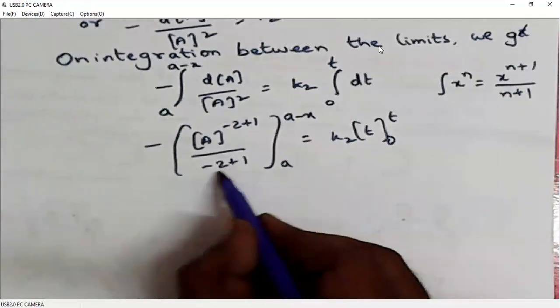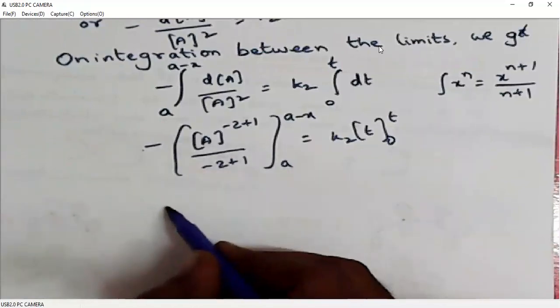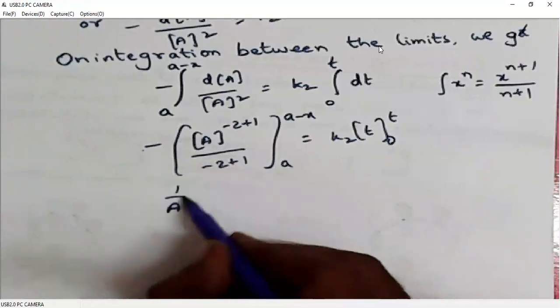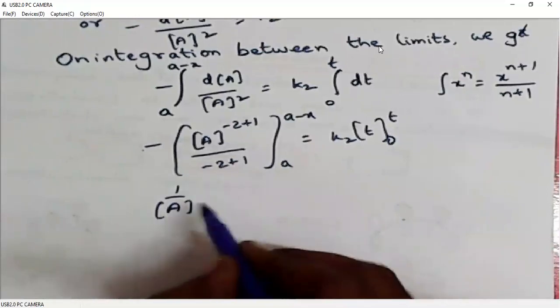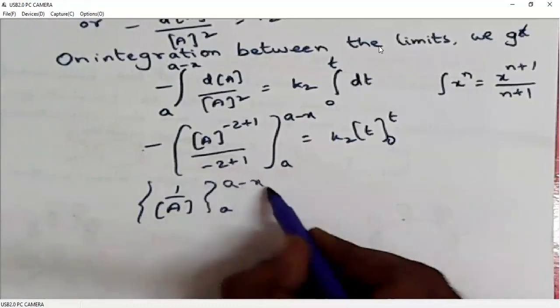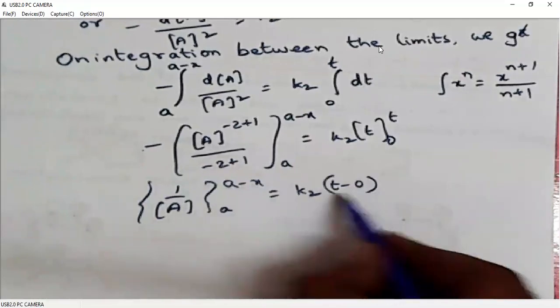Minus 2 plus 1 becomes minus 1, so minus and minus will get cancelled. A power minus 2 plus 1, so A power minus 1, that means 1 by A, between the limits A to A minus X is equal to K2 into t minus 0.